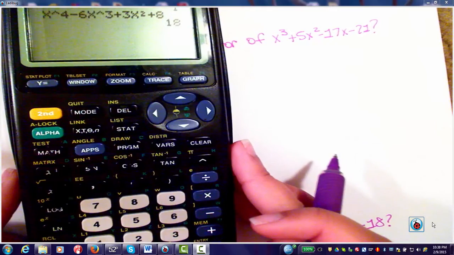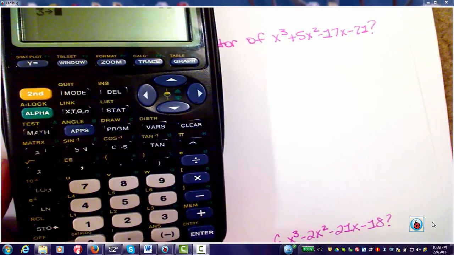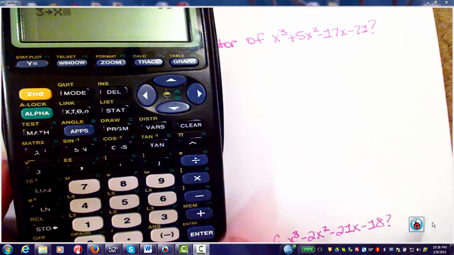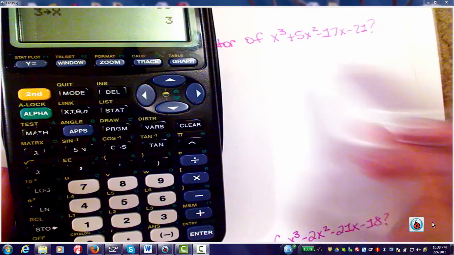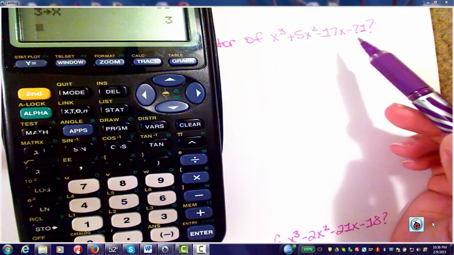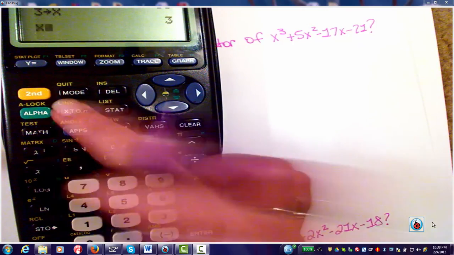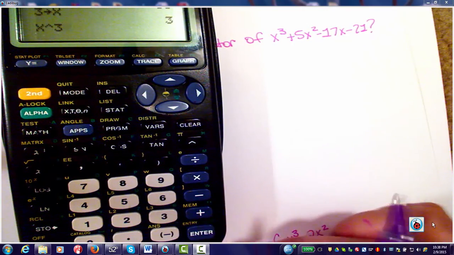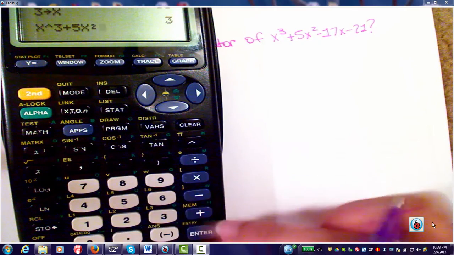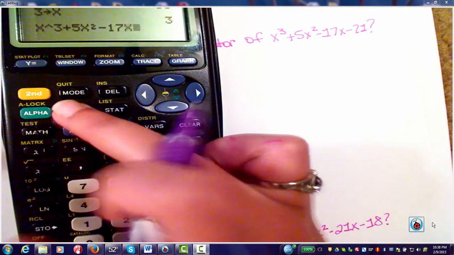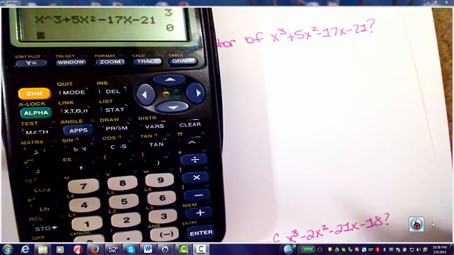So remember, hit 3, store as x, and then hit enter. So now you can type in this function on your home screen and get what the value will be. So let's type in x cubed plus 5x squared minus 17x minus 21. And we get 0.